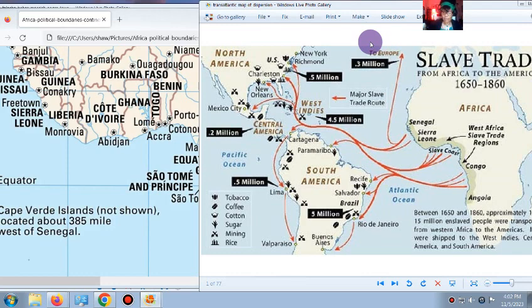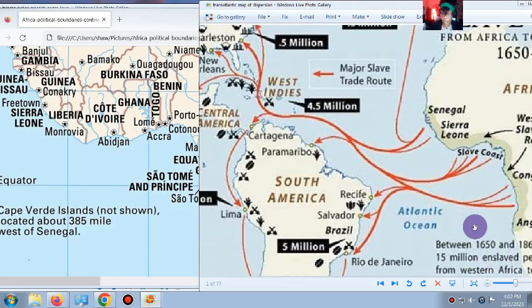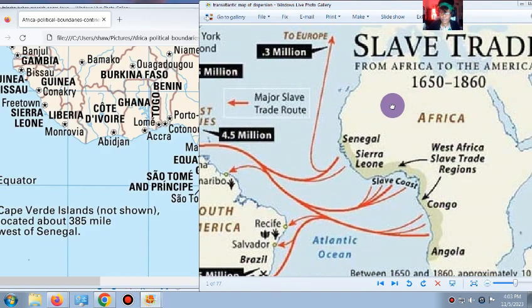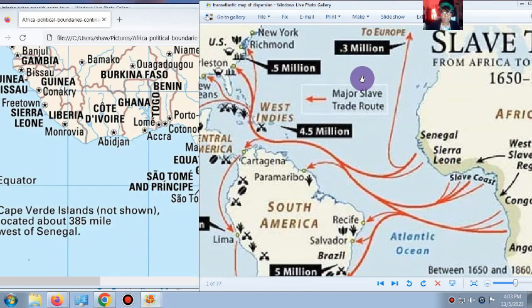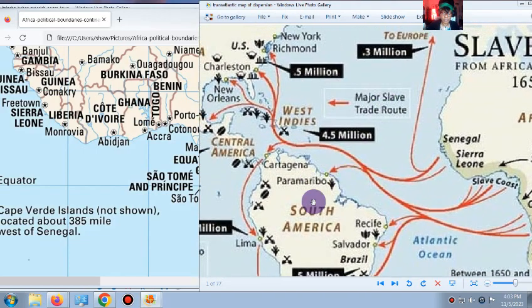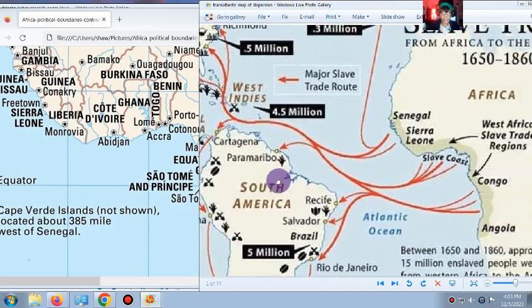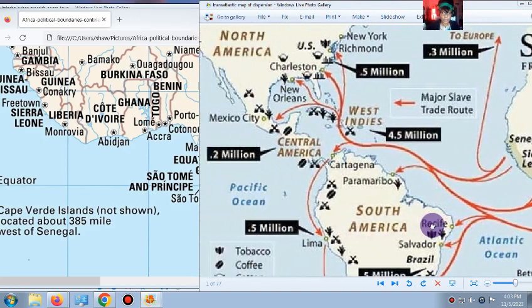So I'm going to look at this first map to the right. This map shows you the slave trade from Africa to the Americas: South America, Central America, West Indies, North America.